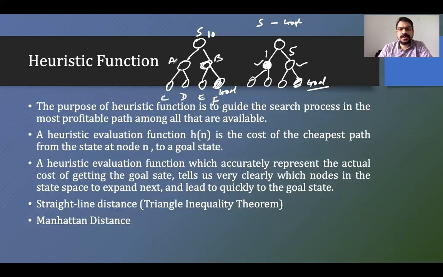Let's say from node A to the goal node, this is the estimated value. From C to the goal node, this is the estimated value. From D to the goal node, this is the estimated value. From B to the goal node, this is the estimated value. From E to the goal node, this is the estimated value.